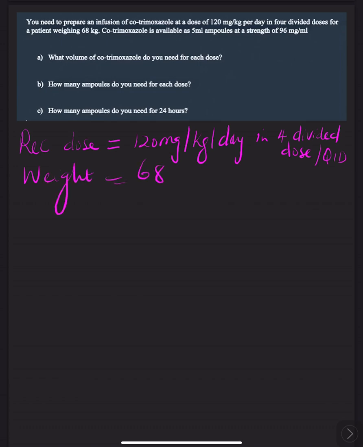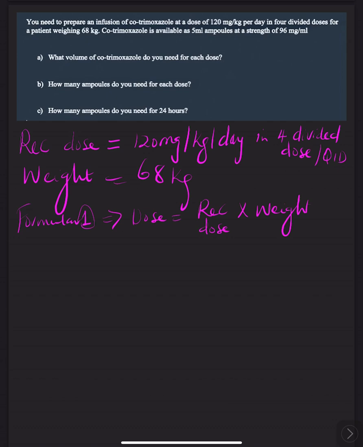Is 68 kilos. So we could use formula number 1 here. Formula number 1: the dose that we need to give is equal to the recommended dose times the weight, and this needs to be in kilos.